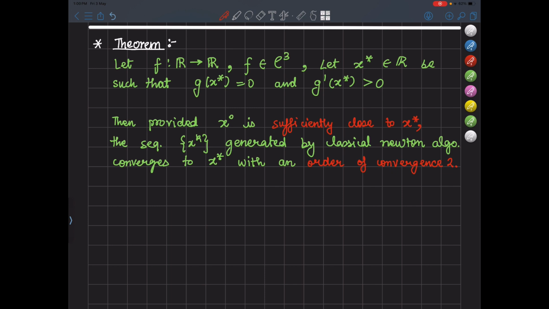So basically what this is saying is, let's say we have a real valued function from R to R, and let x star be its local minima. Then if x naught, the initial point, is sufficiently close to x star, then the algorithm will converge with order of convergence 2. So the convergence is fast given that it is sufficiently close to x star. The problem with classical Newton according to this theorem is that initialization of x naught requires knowledge of x star.